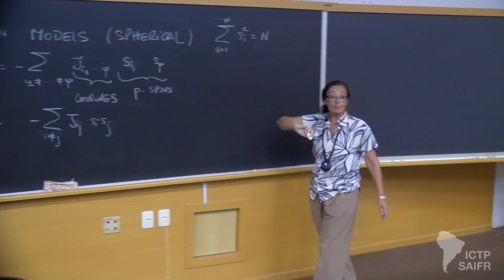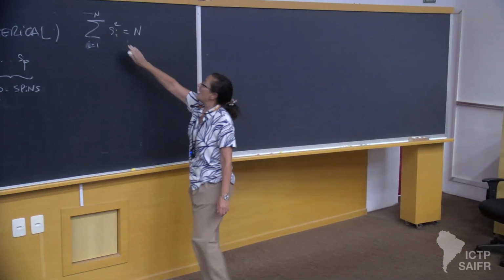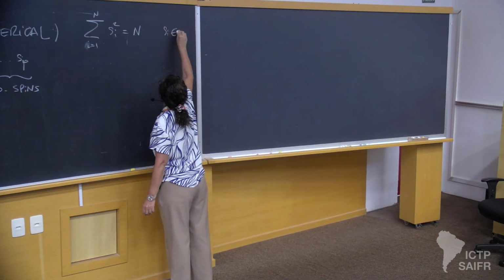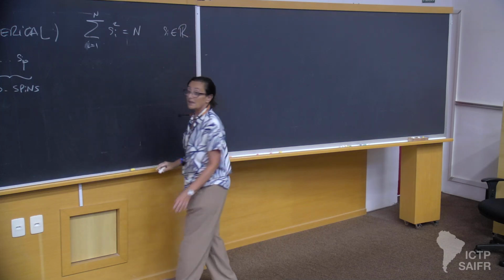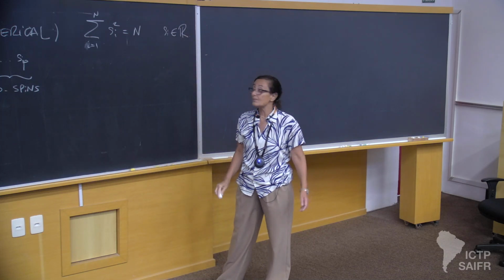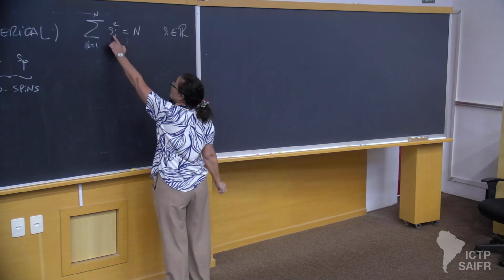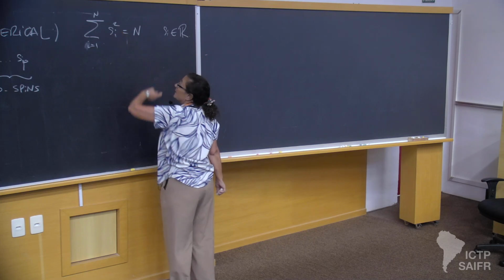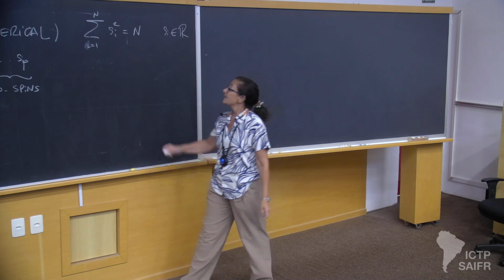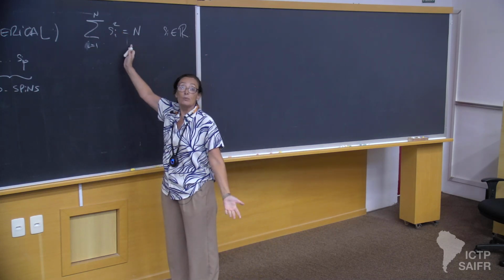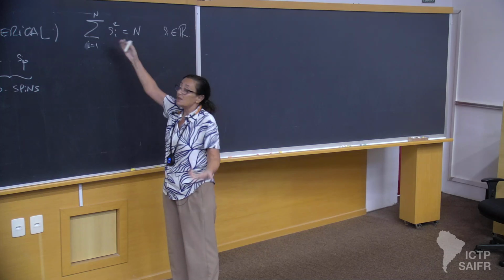So now the S_i are real variables. They can go from minus infinity to infinity, but you constrain them so that the sum of the squares of them is equal to N.